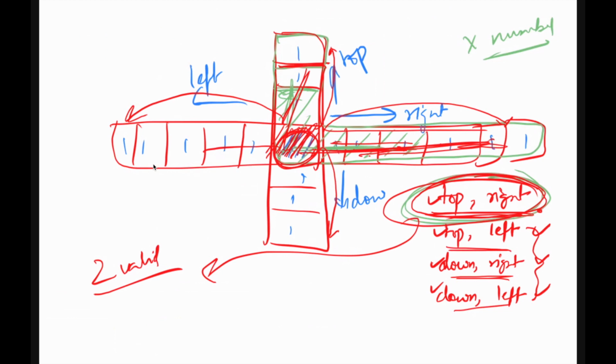Let's say there is a shared cell here, which should always be 1, and suppose we have 5 ones in the direction above including this one, 6 to the right, 4 to the left, and 2 to the bottom.